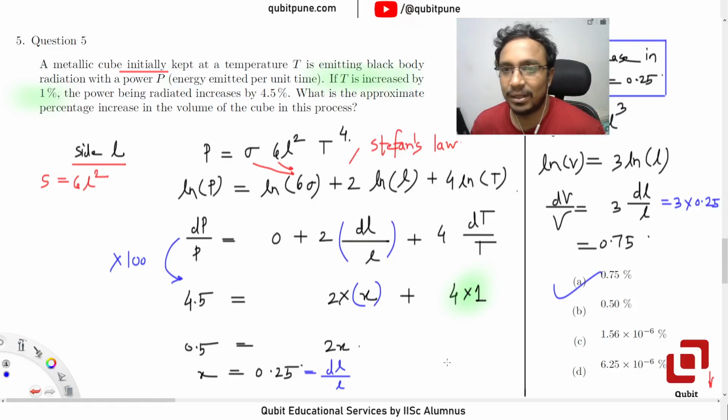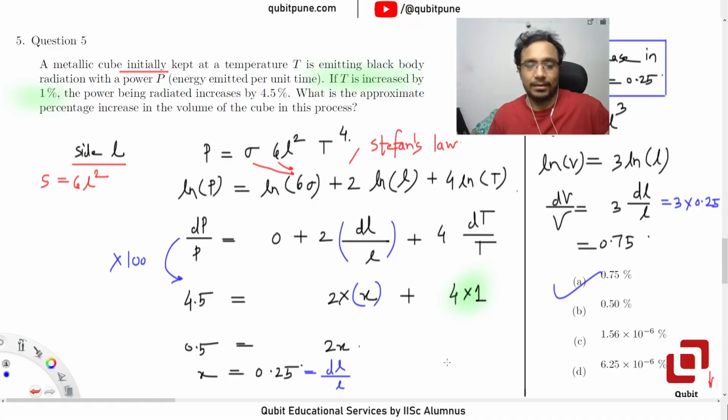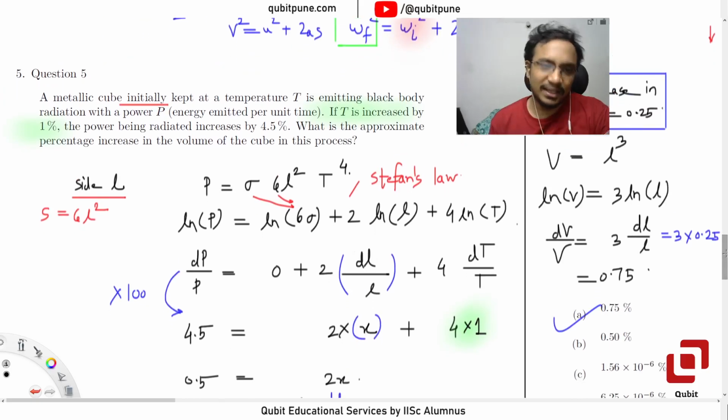If others who are my students remember, it was one of the KVPY PYQs which I had asked you to solve. तो वहाँ पे हम लोगों ने ऐसे ही लॉग में किया था, और हमारे एक टेस्ट प्रॉब्लम में भी यही था, just take the log and then do it. Okay. So yeah, but yes, and the other thing that actually hints towards this method is they're saying approximate percentage increase.